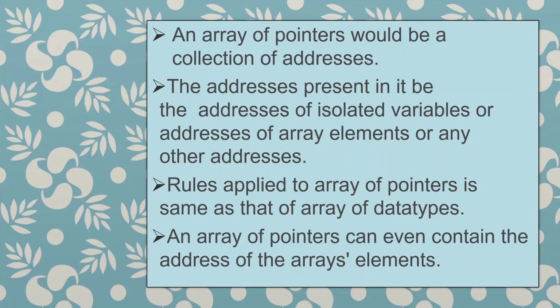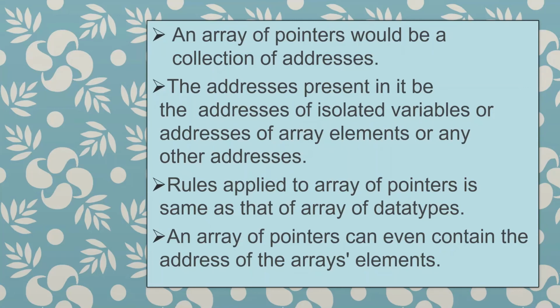It is nothing but, say you have a set of 10 array elements, and we are storing the addresses of the 10 array elements and then using them for further purposes. The addresses present in it can be addresses of isolated variables, addresses of array elements, or any other address. It can be anything. Rules apply to an array of pointers the same as to an array of data types.